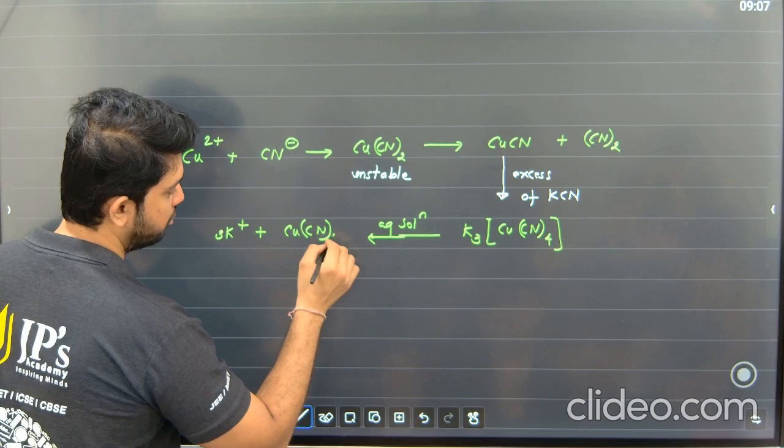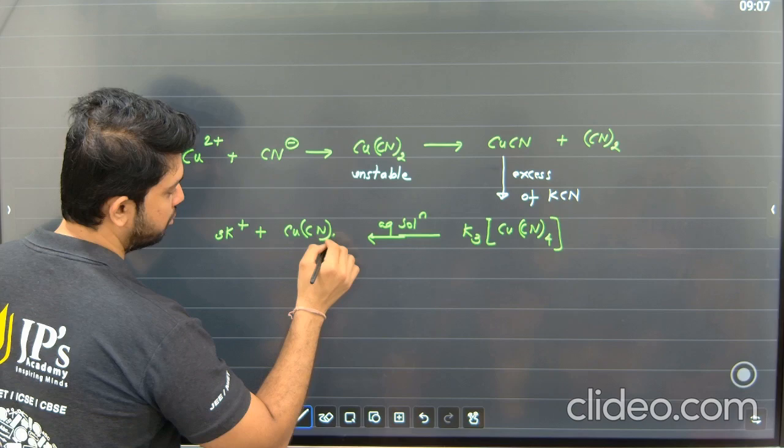Now, what's the charge on Cu over here? Can someone give me the charge on Cu? What's the charge on potassium? +1. Cyanide? -1. Now give me the charge on Cu. +1.